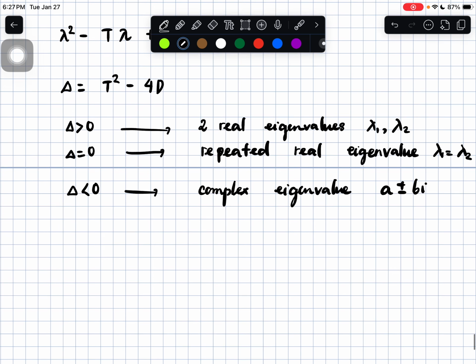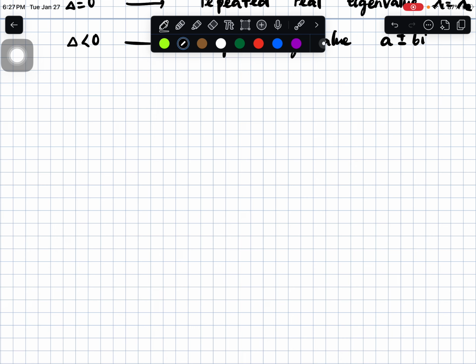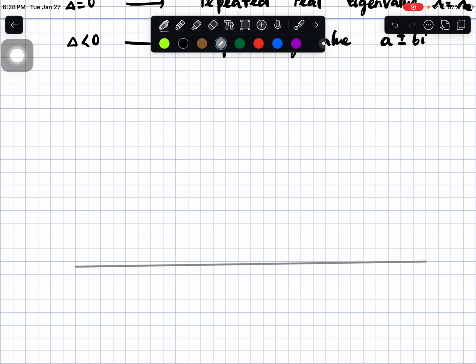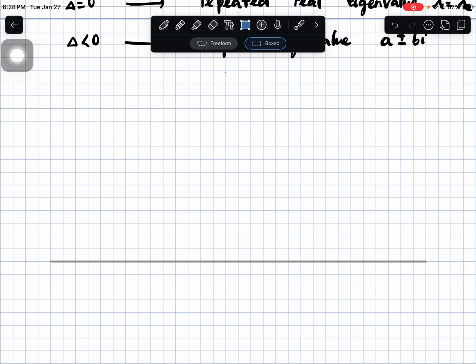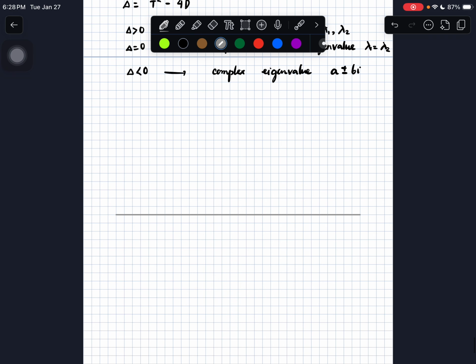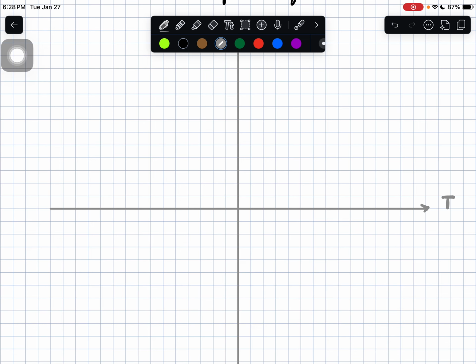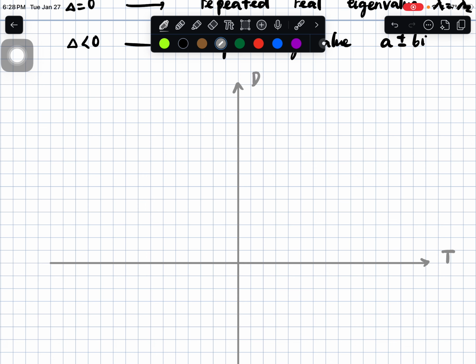Now let's look at the three cases on this plane. One is the trace axis, and the other one is the determinant axis. Trace and determinant.